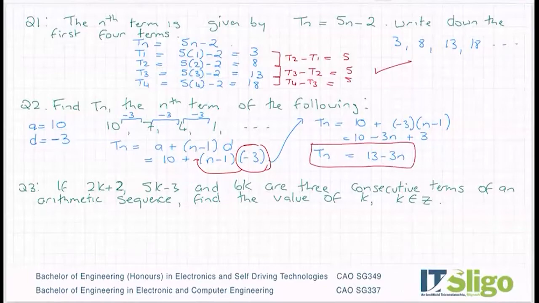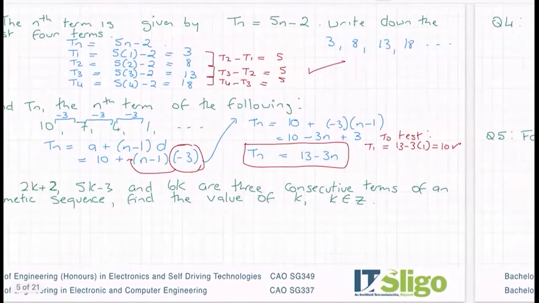Does it work? Well, you should test it, and you can use your calculator for that. So, for example, does it give me T1? Does it give me 10? So if I sub in 1, let me do it here in red so you can see what I'm doing. To test, T1 is equal to 13 minus 3 ones, so it's equal to 10.